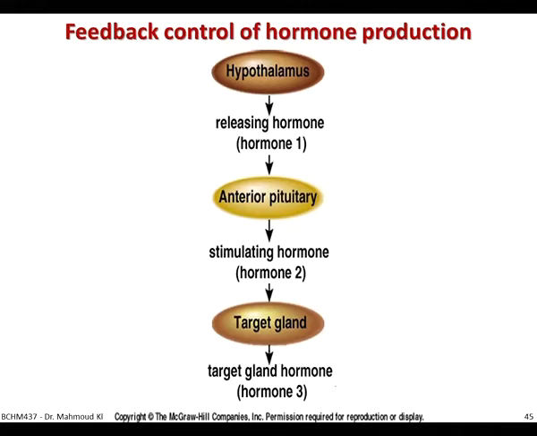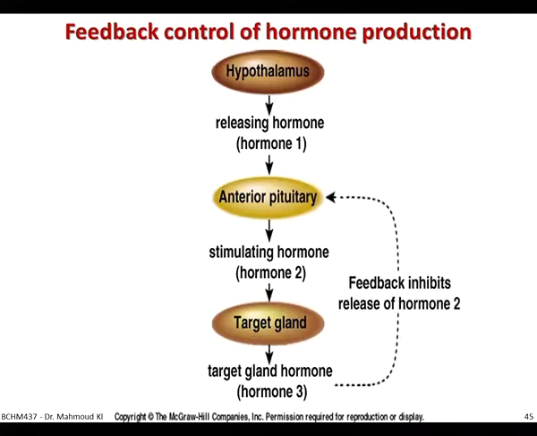It needs an order from the hypothalamus. Then the hypothalamus secretes the releasing hormone, which activates the stimulating hormone in the anterior pituitary, which activates the target gland to release the actual hormone, which is hormone 3. This is the normal pathway, a general pathway for hormone production.